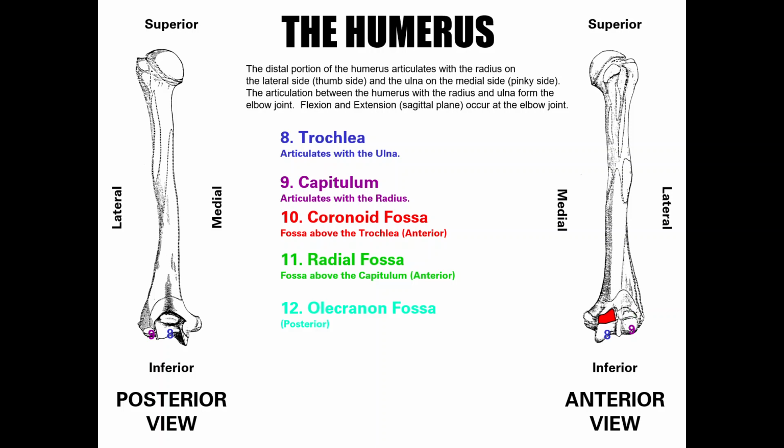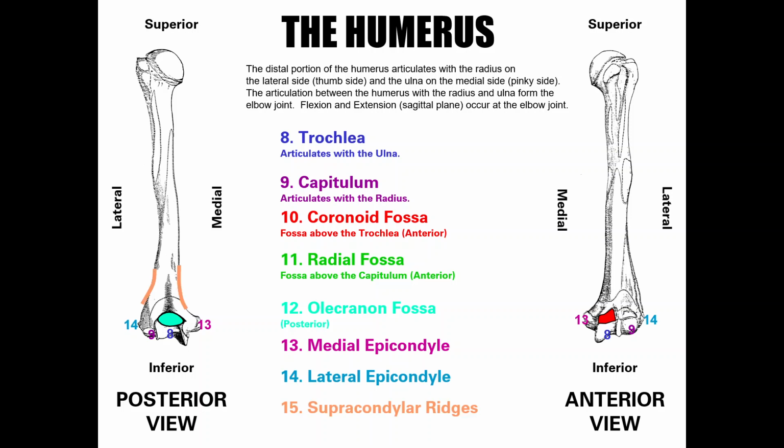And then on the posterior side, we have the deep indentation, which is the olecranon fossa. Then we have the medial epicondyle on the medial side, the lateral epicondyle on the lateral side, and then above those epicondyles, we have the supracondylar ridges, superior to the condyles.